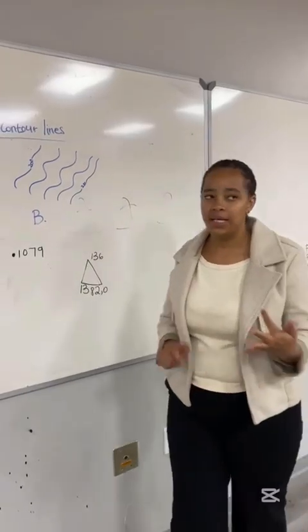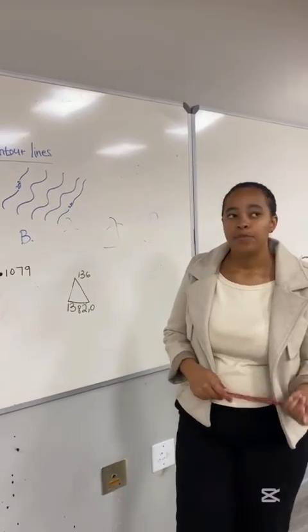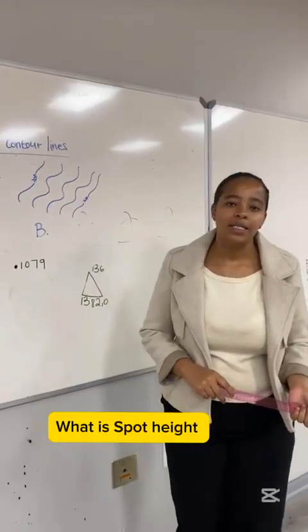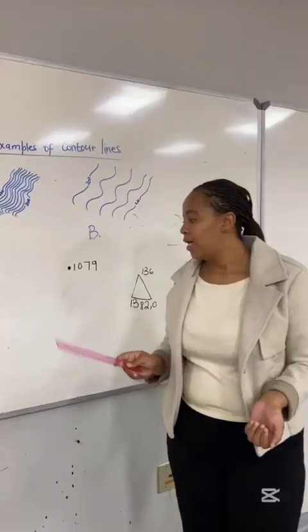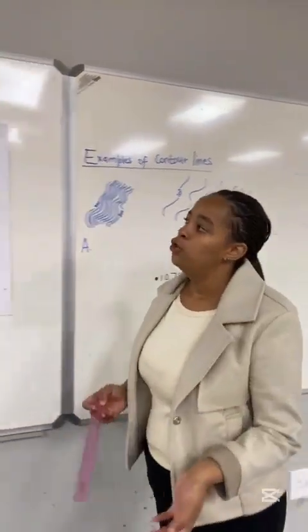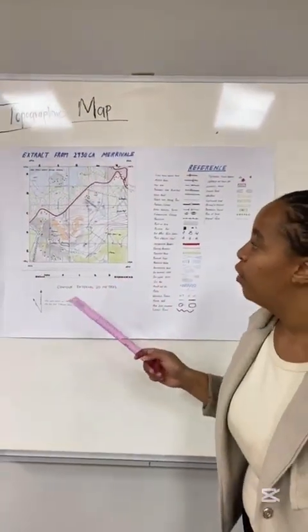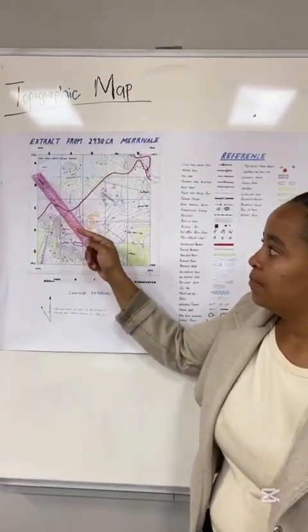Now to our second height indicator, which is a spot height. So what is a spot height? A spot height is usually indicated on a topographic map by a small black dot which has a number beside it. Looking at our topographic map here, on block A1, we have a spot height.